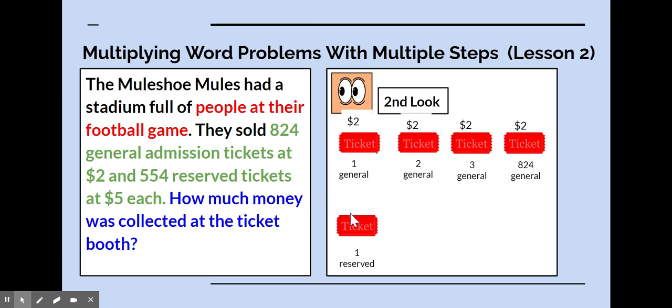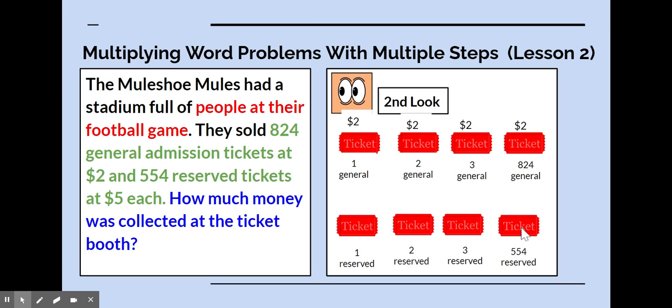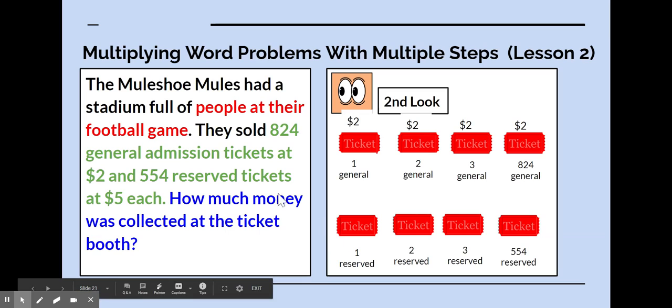So there is one reserved ticket. There's a second reserved ticket. There's a third reserved ticket. And this ticket will represent the 554th ticket. And we know from our problem that each of these tickets cost $5 each.